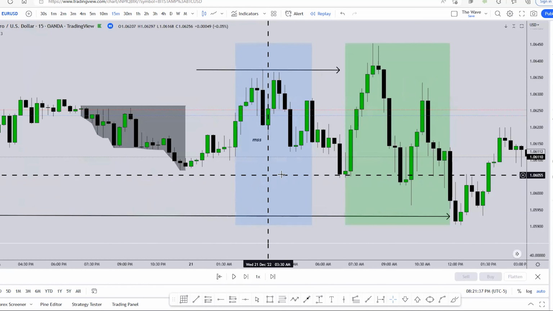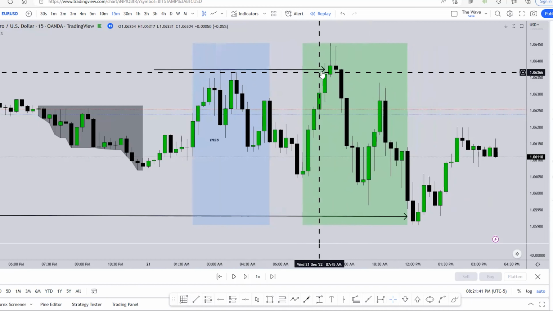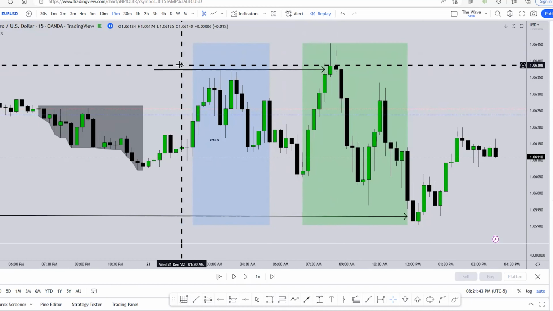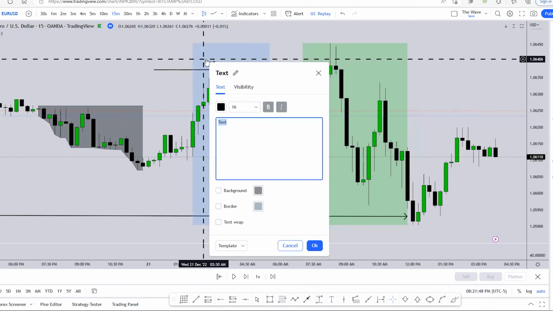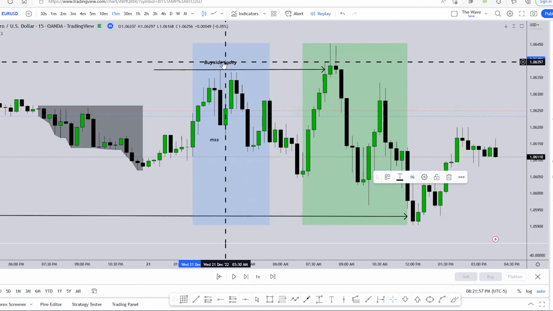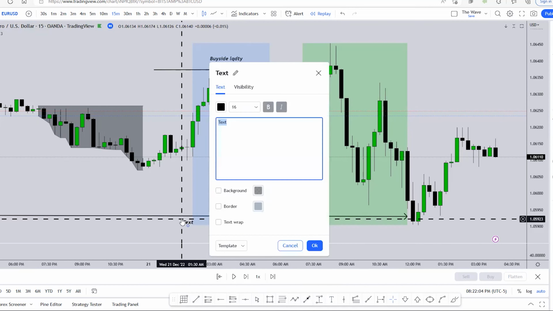So if we look on the 15-minute, we have price being swept. So this is buy side liquidity up here, and then we have sell side liquidity down here.